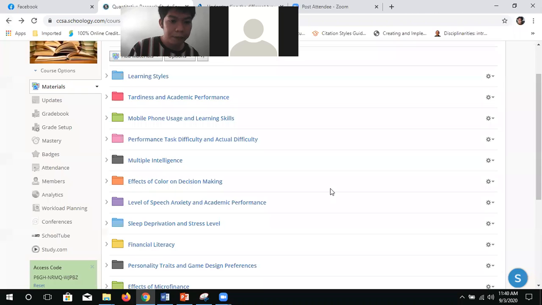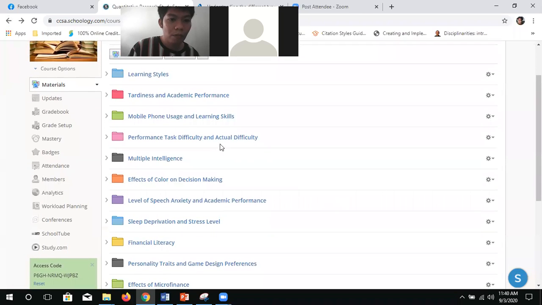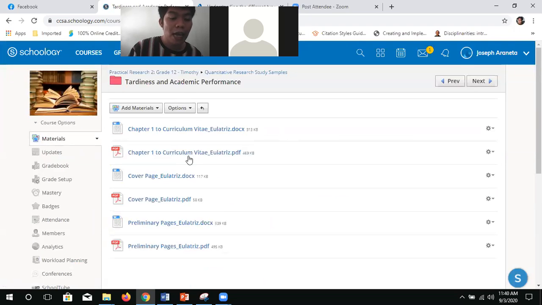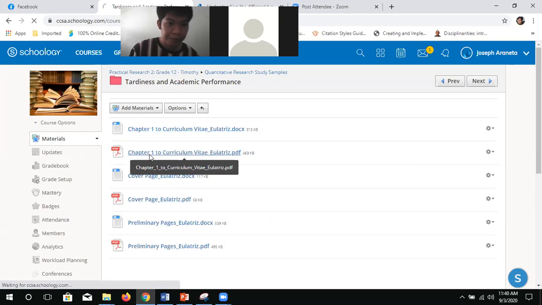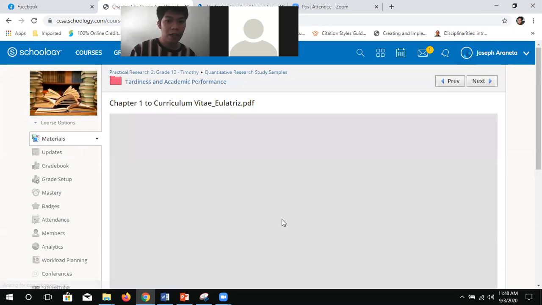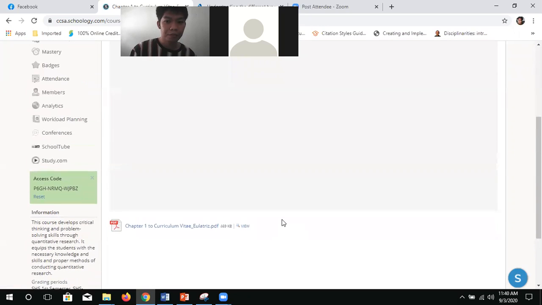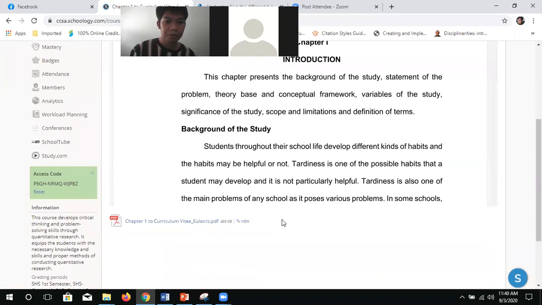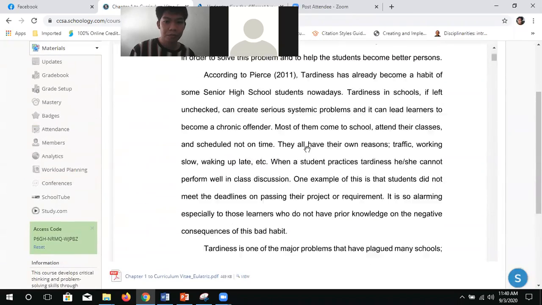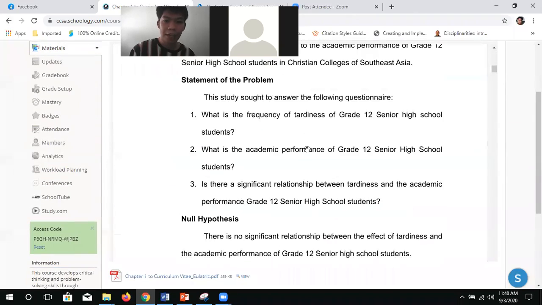For example, this study on tardiness and academic performance has two variables, meaning it has three SOPs.